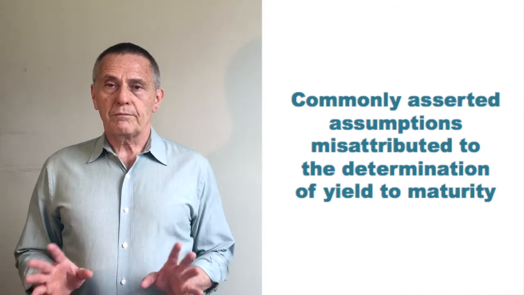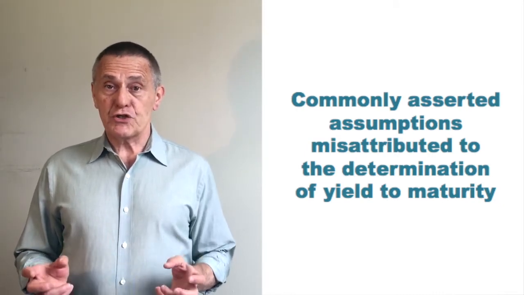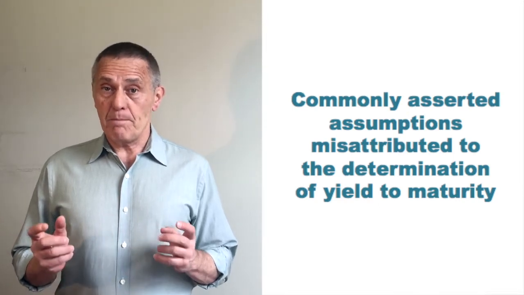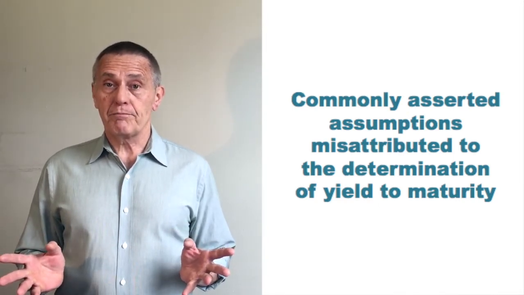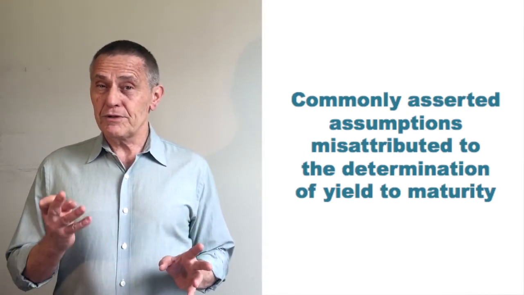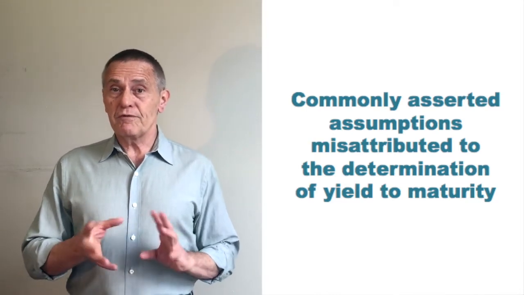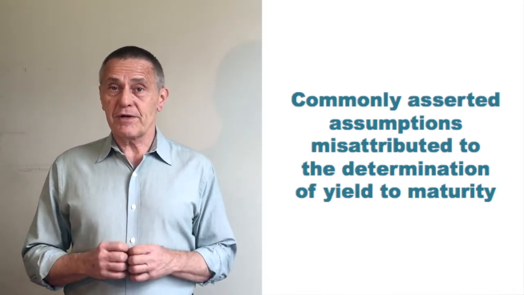So before proceeding, it's probably best to state the commonly asserted assumptions that are misattributed to yield to maturity. Though they can take a variety of forms, they boil down to three general statements, and really two of those are simply different variants of one.